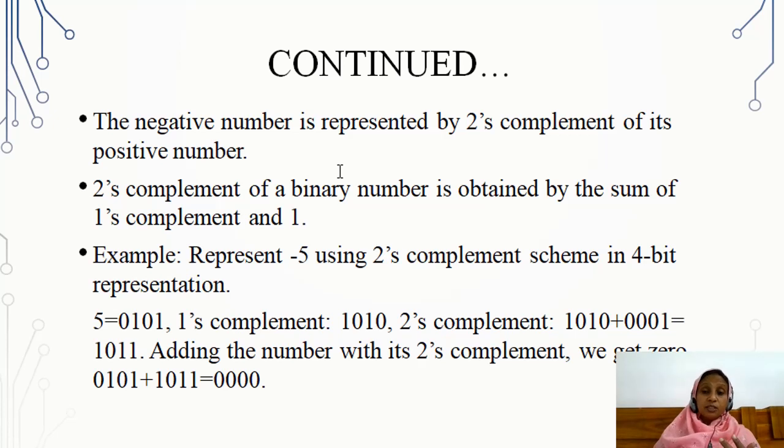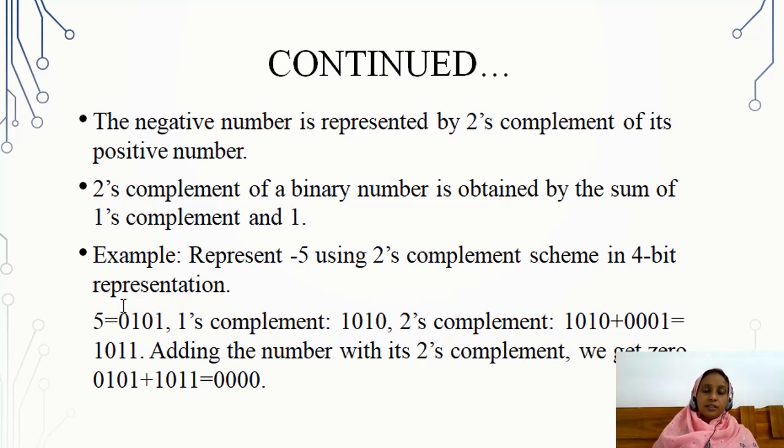How can you find the 2's complement? It's a simple procedure. We just invert, or take the one's complement of, the unsigned positive number, then add 1 to this number. This gives us the 2's complement of the number. Suppose we want to represent -5 using the 2's complement scheme in 4-bit representation.